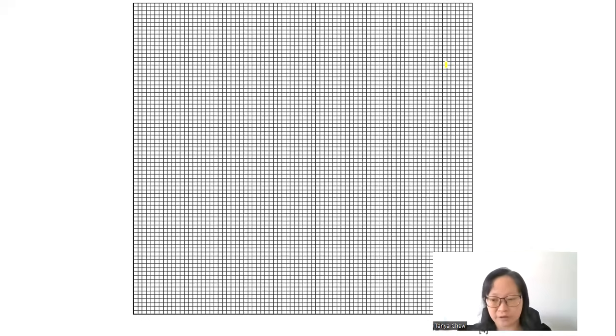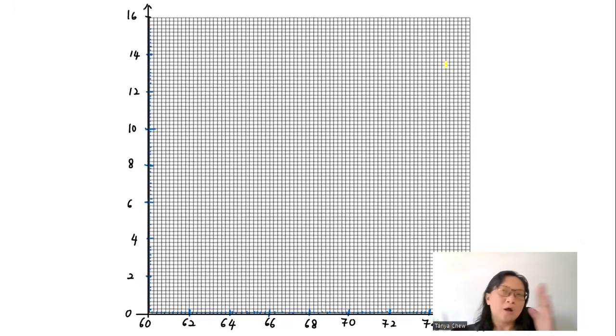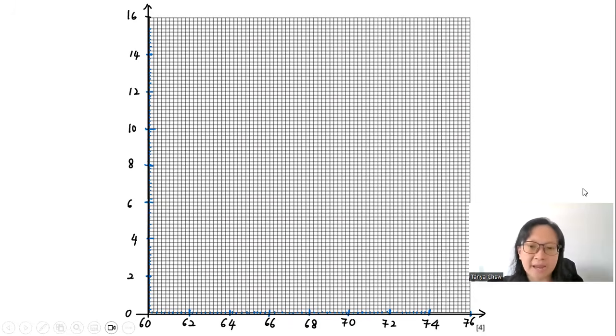So this is a graph given. For your information, you need to make sure that your points, your readings, are scattered over at least half of the graph paper. Since they already told us that the y-axis needs to start with 0 cm, I start with 0, but my x-axis, I would like to start with 60 cm and end at 76 cm.